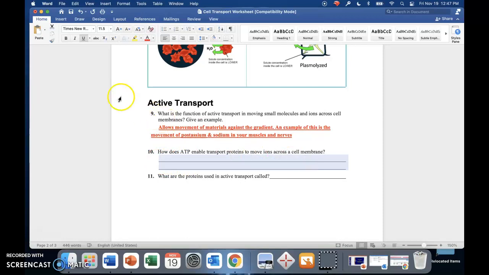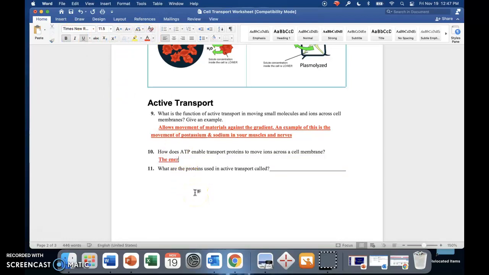How does ATP enable transport chains to move ions across the cell membrane? Okay, the energy from the ATP is used to change the shape of the proteins.